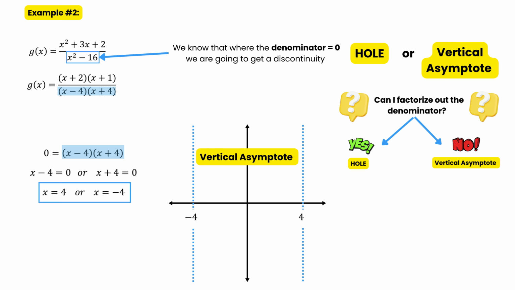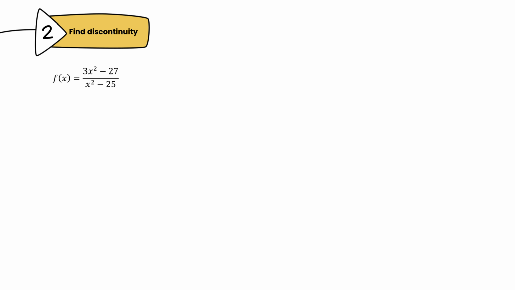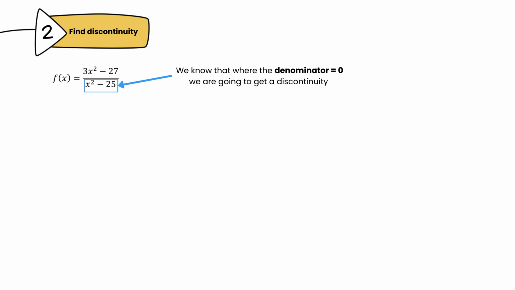Now that we understand what a discontinuity is and how to identify them, let's go back to the function we've been sketching and figure out whether this function will have any discontinuities. So when we look at our function, we can immediately see that it's written in fraction form, which means we're going to have discontinuities. These discontinuities happen at the x values that make the denominator equal to 0.